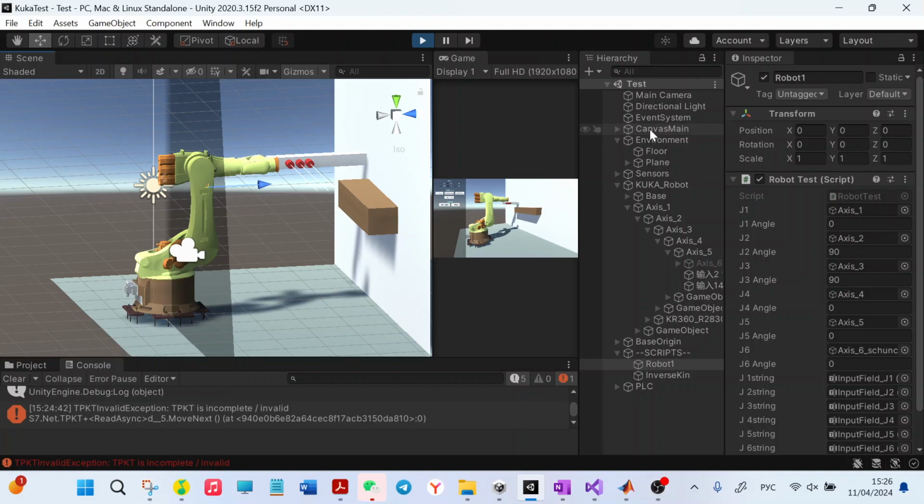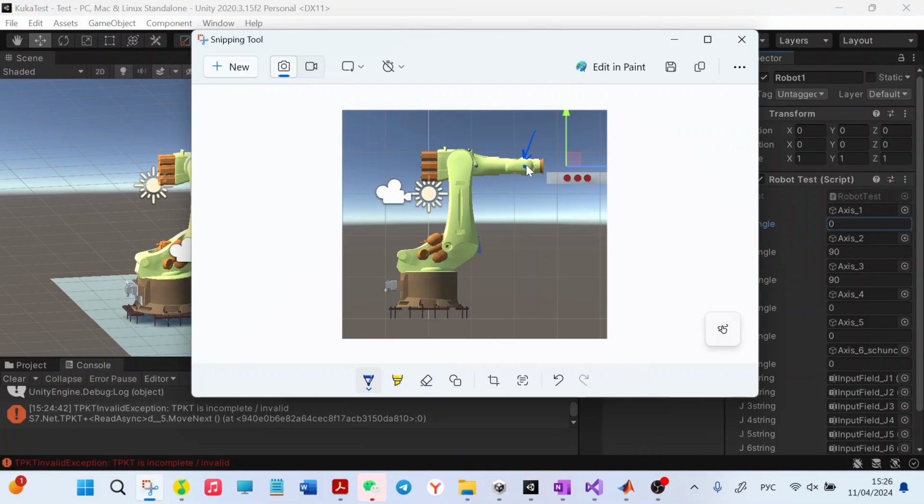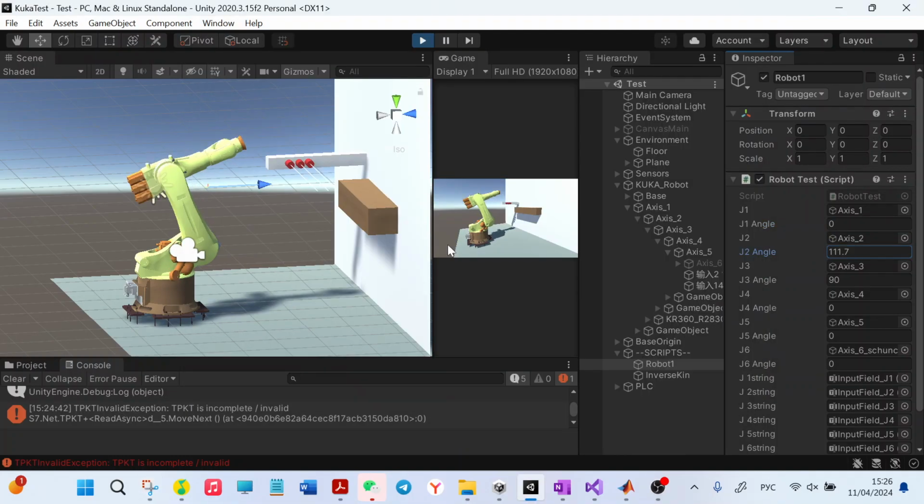So the position of this point will be changed by the first joint. The second joint also changed the position. So this point position also changed with the second joint. Joint 3 also changed this position.